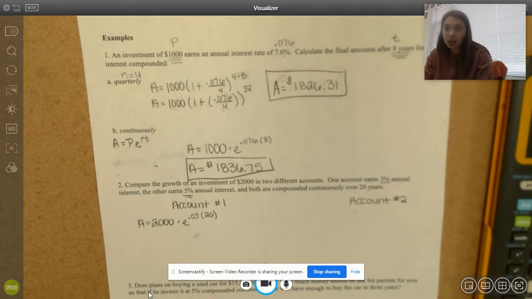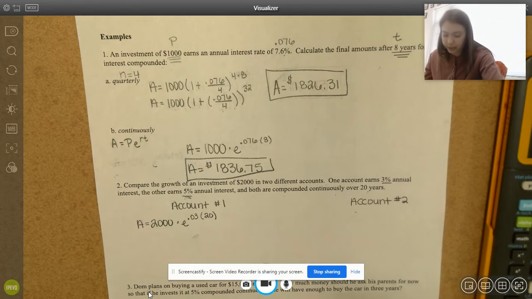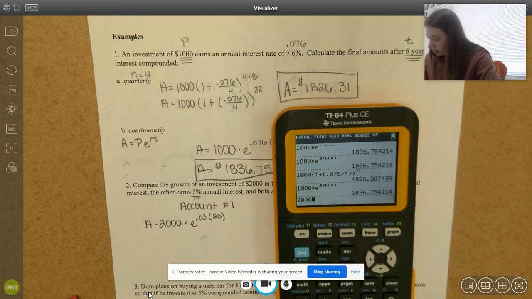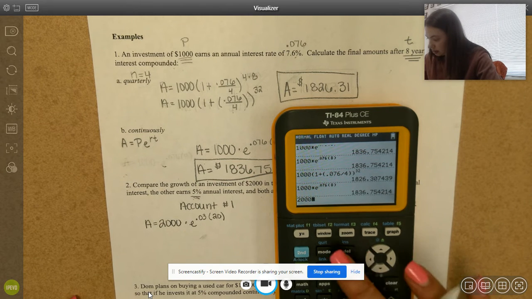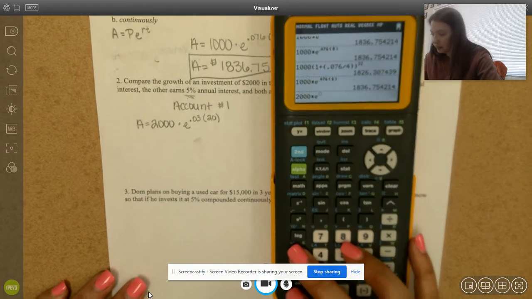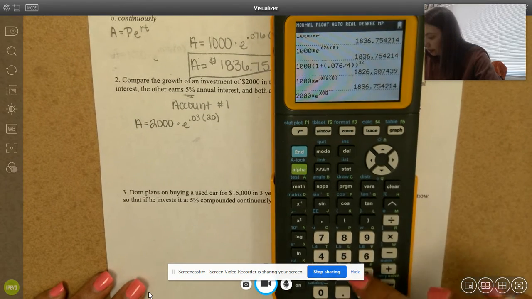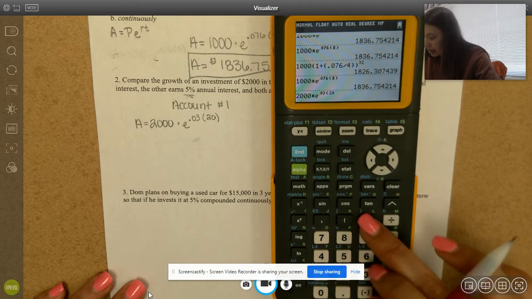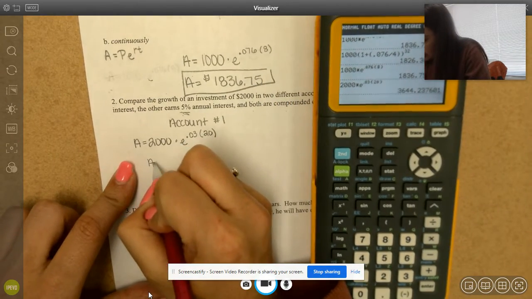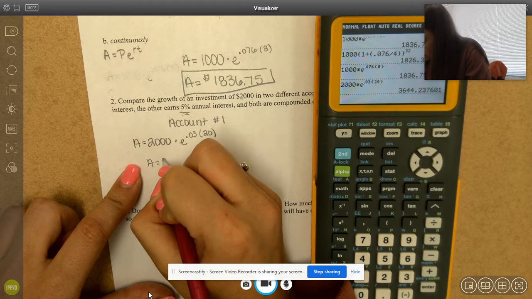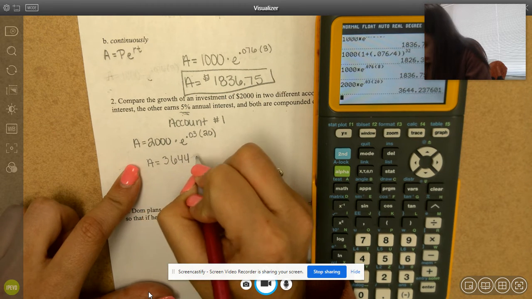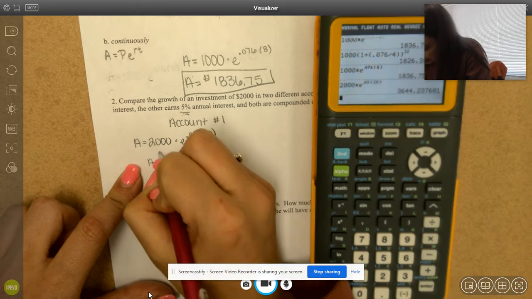In our calculator, we say 2,000 times E raised to the 0.03 times 20 power. We get that after 20 years, account number one will have $3,644.24.